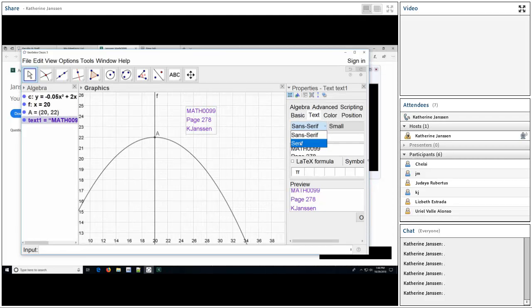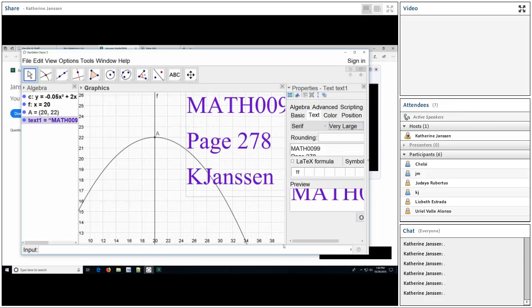There's only a couple styles. Size, very large. So some ways to label your homework that you might be submitting in the future.